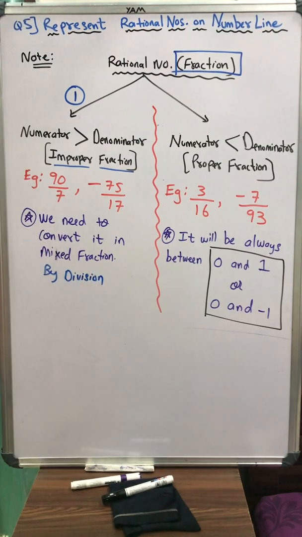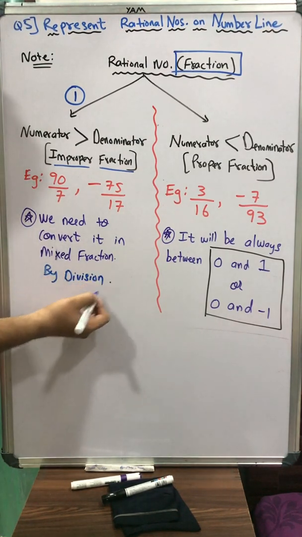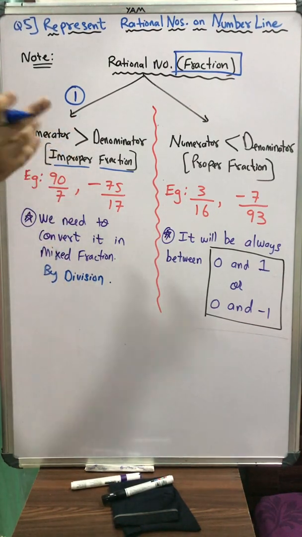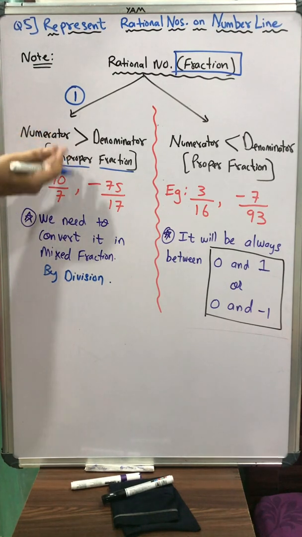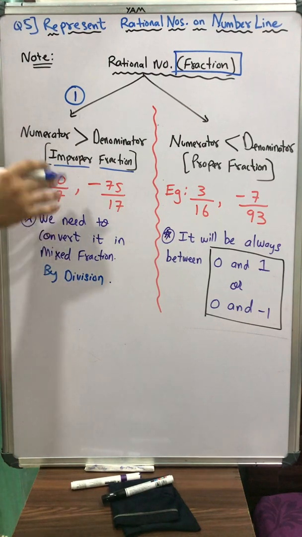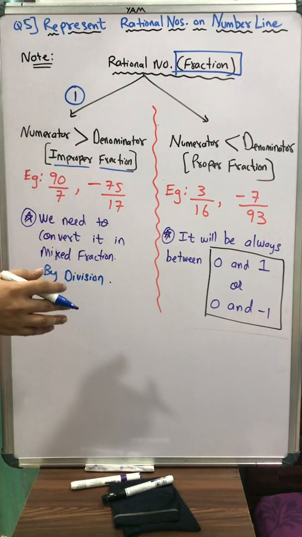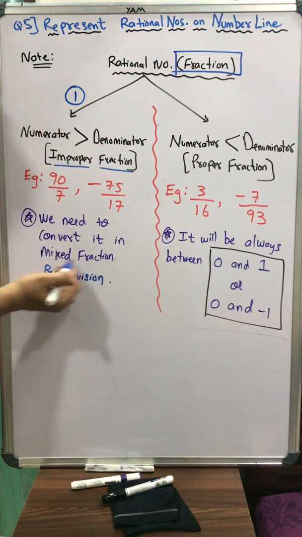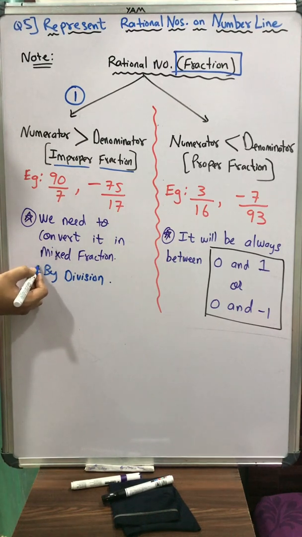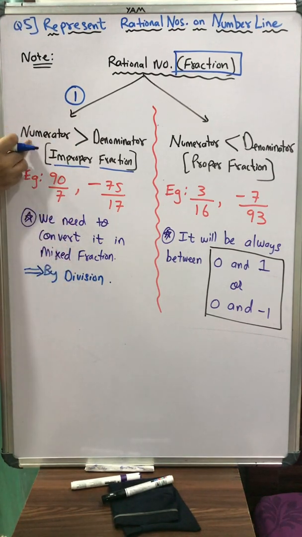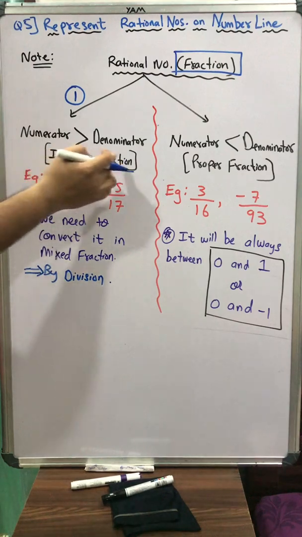So all of you just remember this note, that if a fraction is given to you and in that fraction numerator is big and denominator is small, example 90 upon 7, numerator is more, denominator is less, then we need to convert that fraction into mixed fraction. By how? By division. We divide and we convert it. We'll see that in the numericals. And such type of fraction, when numerator is big and denominator is small, is called as improper fraction.